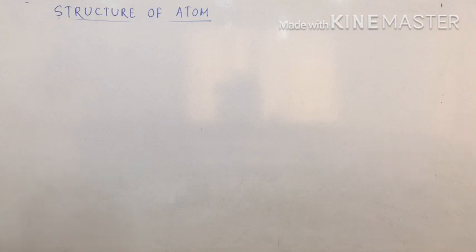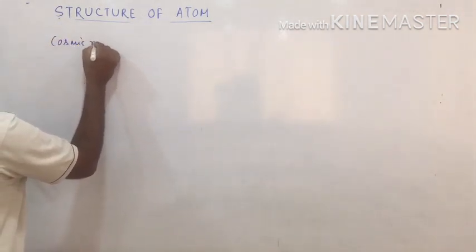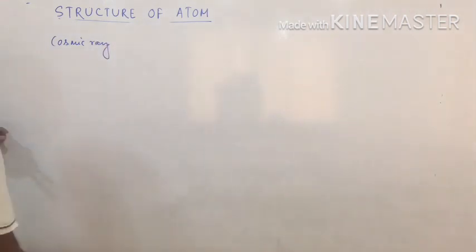The arrangement of different types of electromagnetic radiation in increasing order of wavelength or decreasing order of frequency is called the electromagnetic spectrum. In it, the first one is the cosmic ray, but the cosmic ray is not an electromagnetic ray.